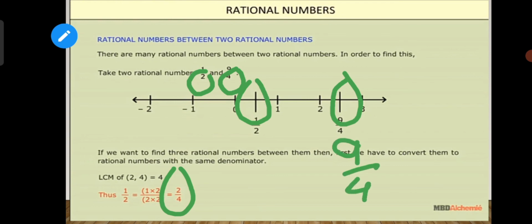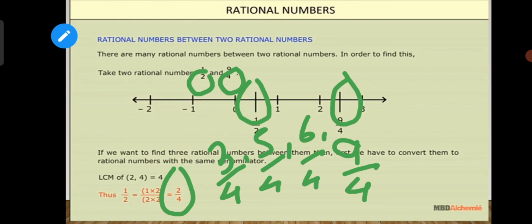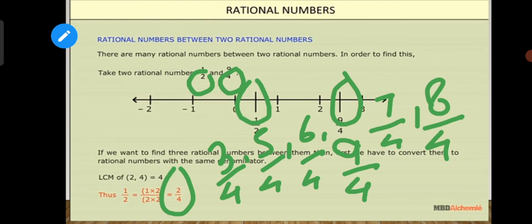Between these two rational numbers, you can see there are many rational numbers. For example, 3 by 4 is there, then 5 by 4, 6 by 4, 7 by 4, and 8 by 4 are there. Among these you have to write any two, so you can take any two and write.